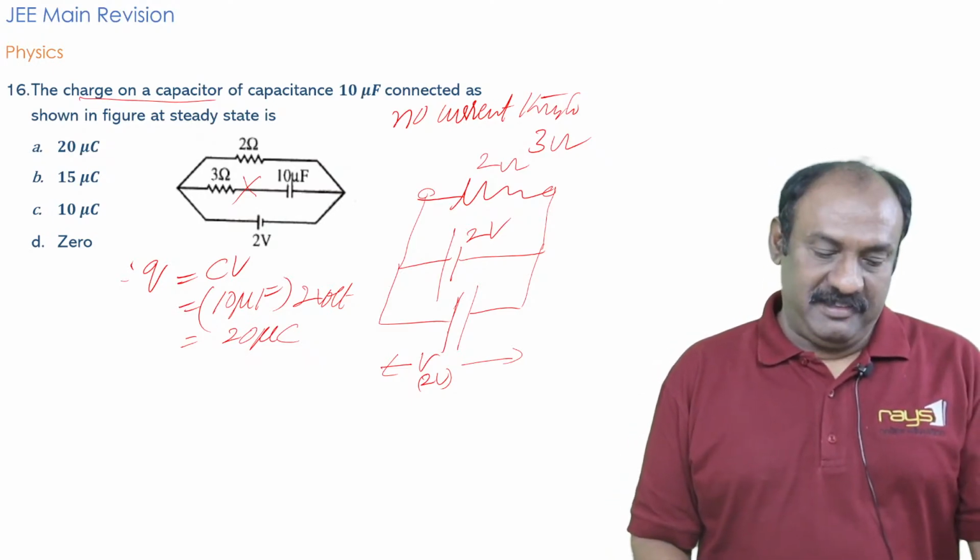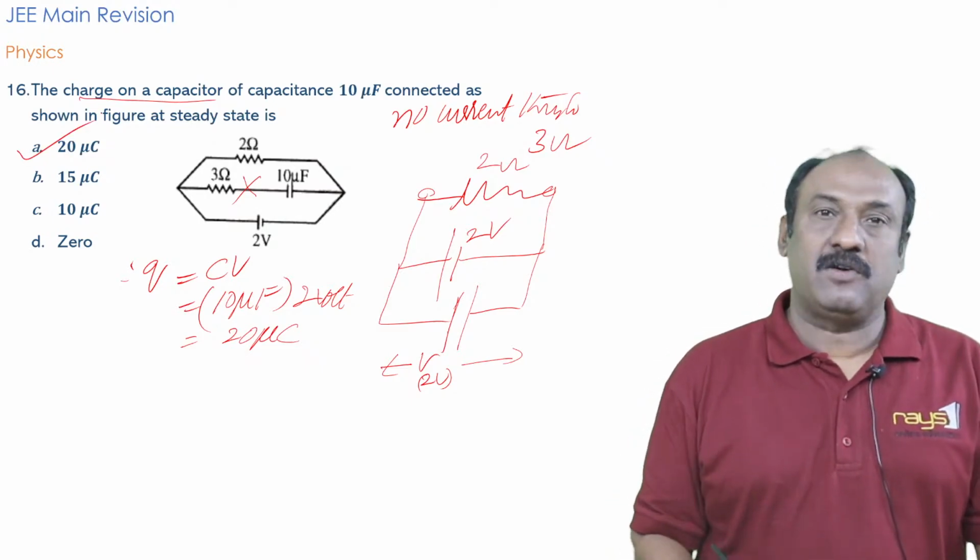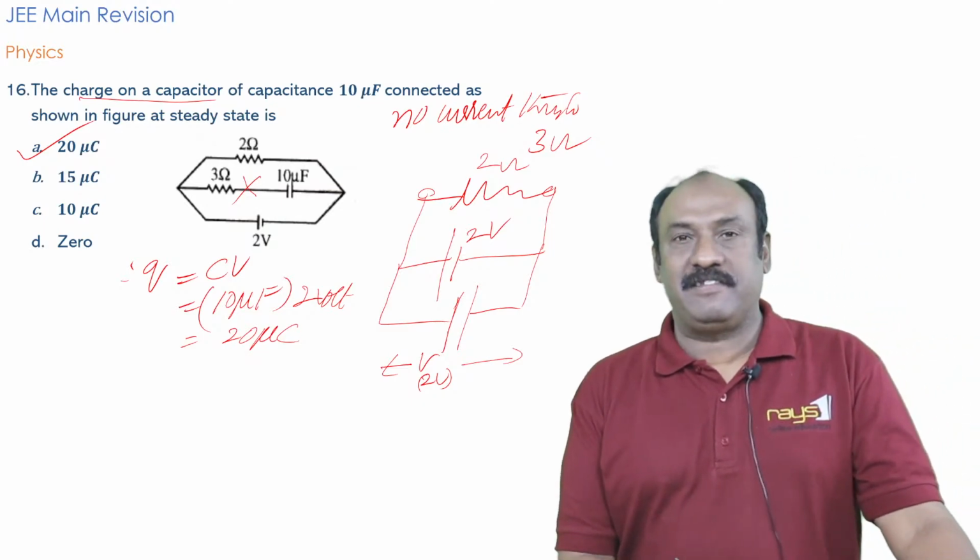So for question number 16, the answer is 20 microcoulomb.